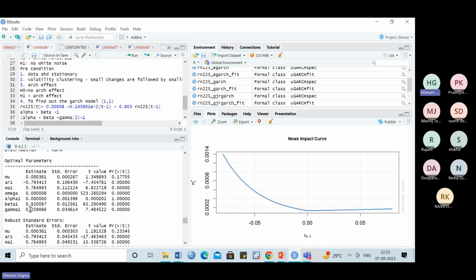And gamma should be more than 0. If it is 0, that means asymmetric effect is not there. So gamma is more than 0. Alpha and beta can be 0, but can be more than 0. Now, any doubt in these?